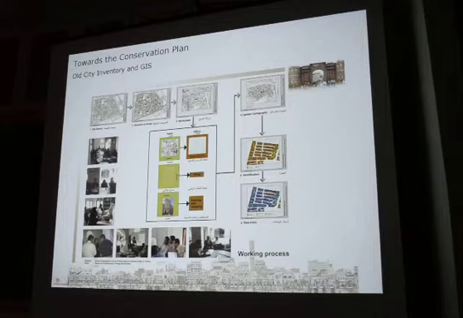So the first thing to do is to prepare the conditions for the inventory and to establish the GIS. So in other terms, first of all, to plan and to design the survey, which is quite a complicated task, particularly in a city as large and as dense as Sana'a.